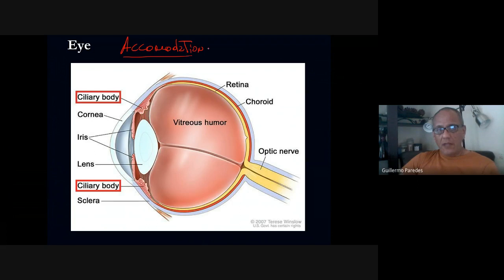The accommodation is actually to focus your eye, so focus to the distance, focus to the short distance. Okay, all right. So that is the lens.